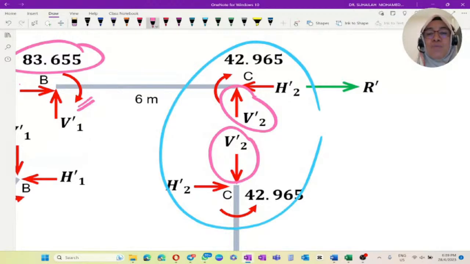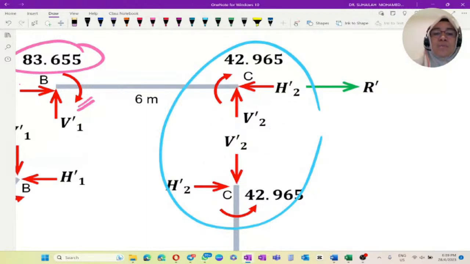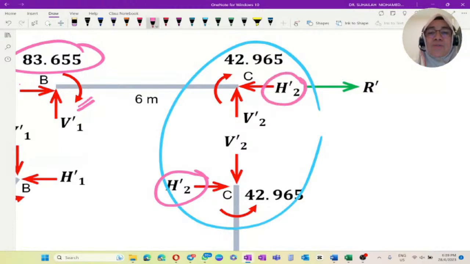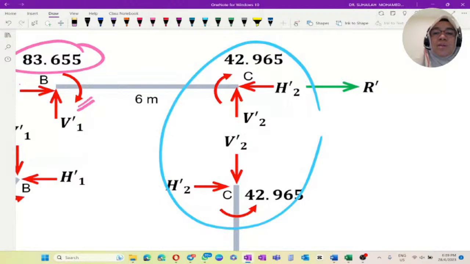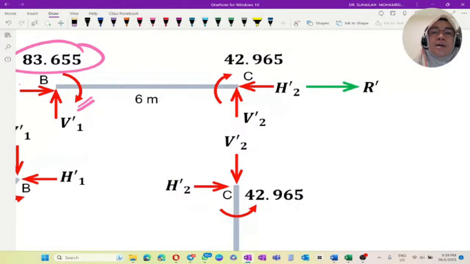One negative, one positive, opposite directions. Another one is H. We find that this is H prime 2 on the positive side, and H prime 2 on the negative side. So the system is in equilibrium horizontally. And at C, there is a moment MCB. The value is 42.965.